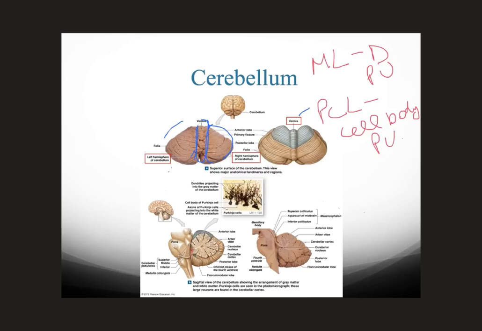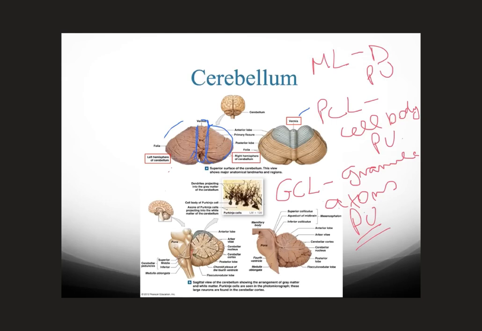And the most internal layer, which is your granule cell layer, is going to contain, like the name says, granule cells, but it's also going to contain the axons of the Purkinje cells.